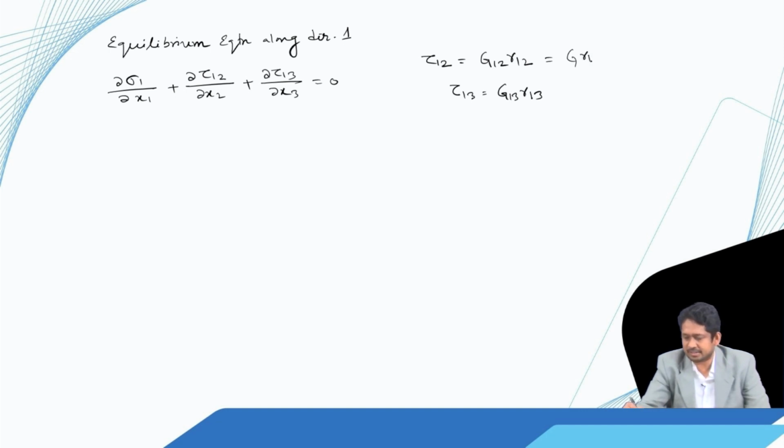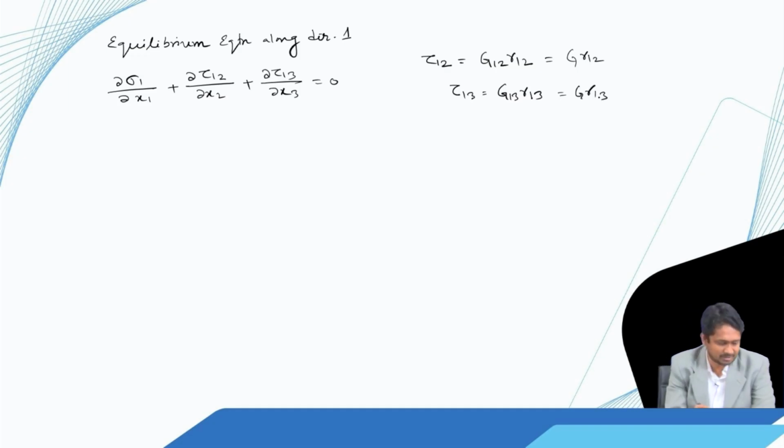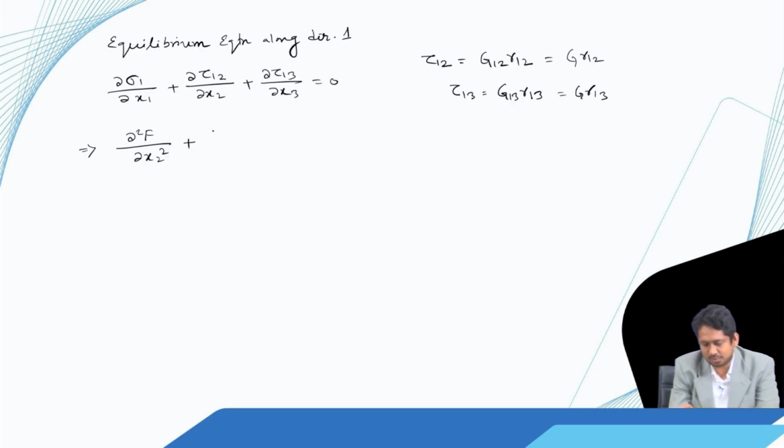So, with that we can write this as G into gamma 12 and G into gamma 13. So, if we put this approximation in this equation, then finally, the equation that you get is del 2 f by del x 2 square plus del 2 f by del x 3 square is equal to 0.